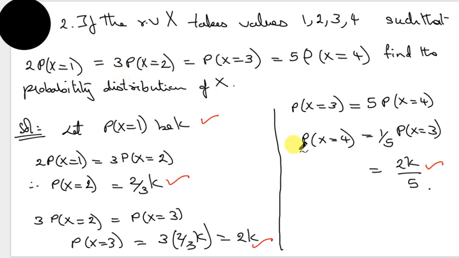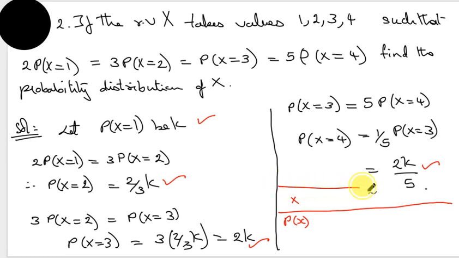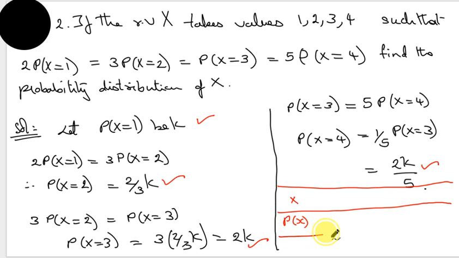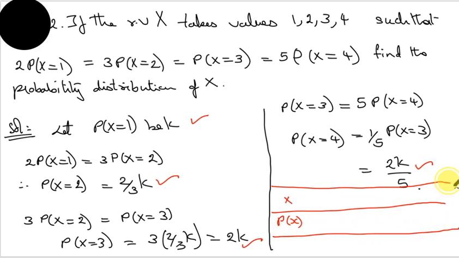How do we go about this? We have our x value and we also have our p of x value. So x takes the values 1, 2, 3 and 4.